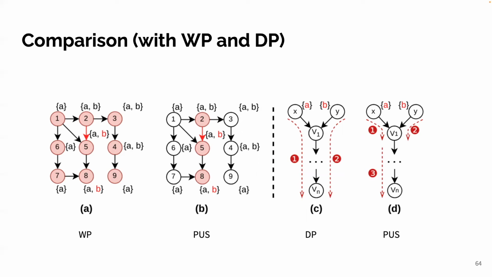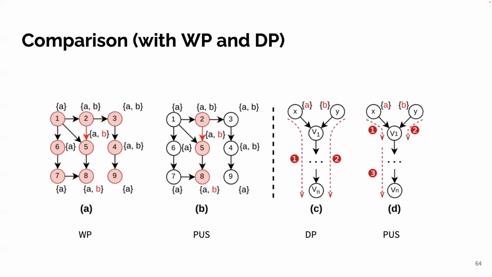When compared to deep propagation, PUS avoids redundant computation as it propagates points-to information in the optimal order on the effective subgraph, while deep propagation will have to process the flow between V1 to Vn twice.